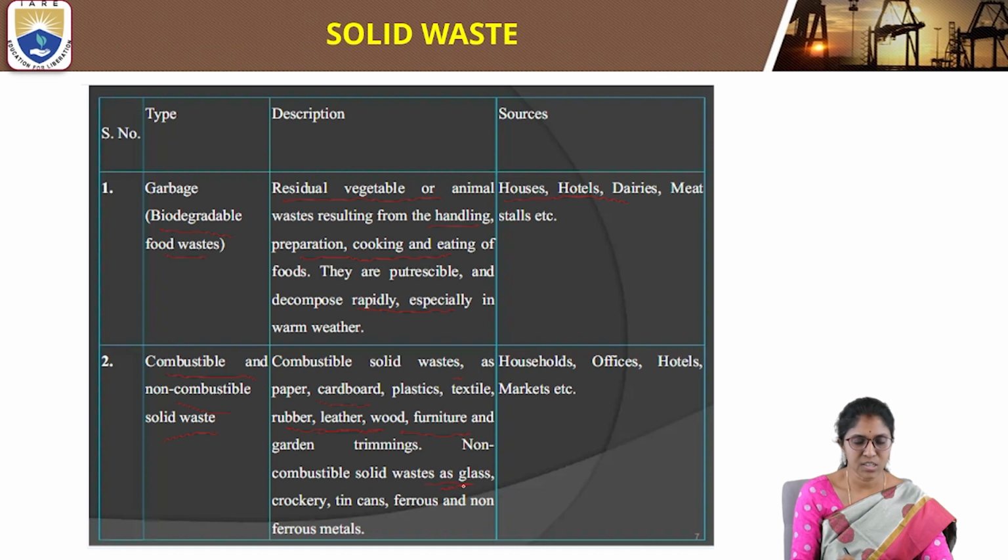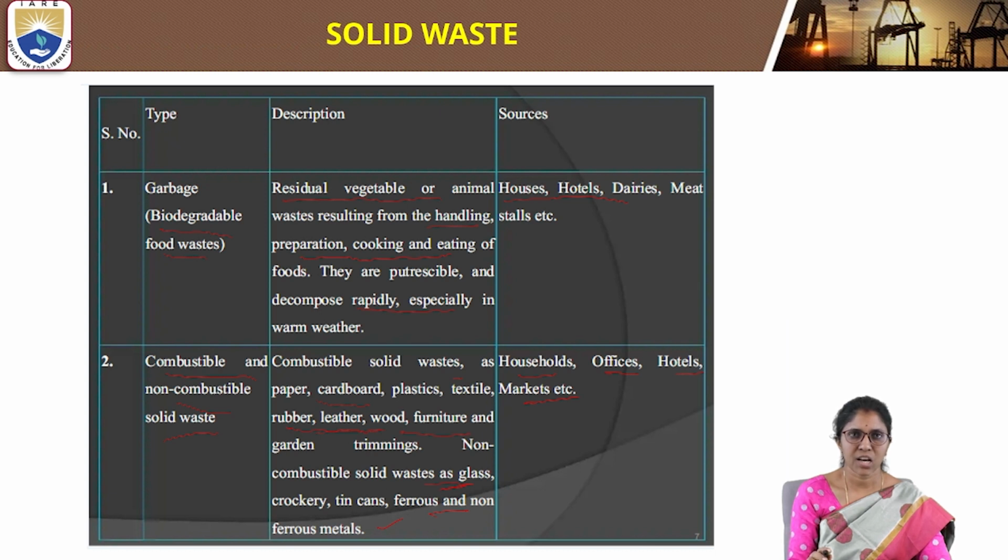Non-combustible solid waste includes glass, crockery, tin cans, and ferrous and non-ferrous metals. The sources of combustible and non-combustible solid waste are households, offices, hotels and markets.